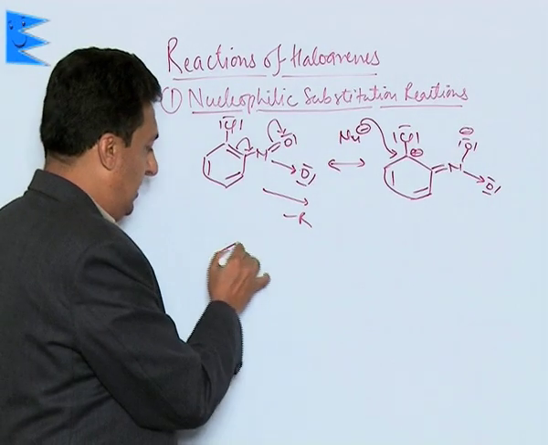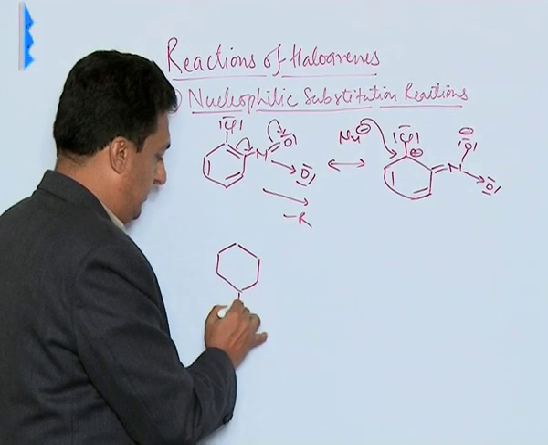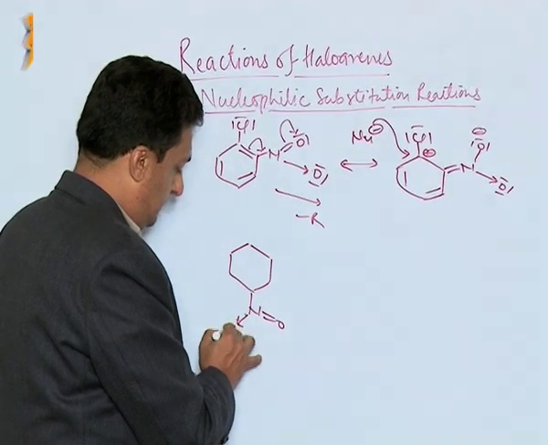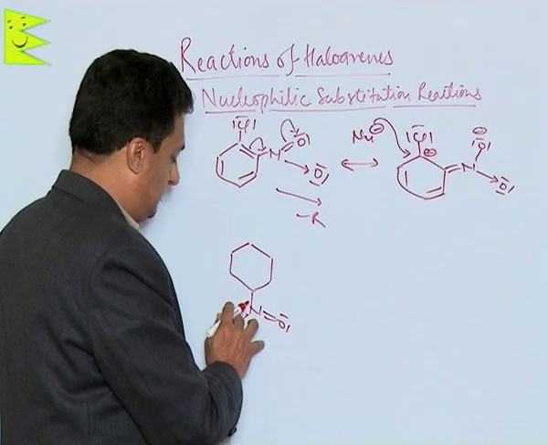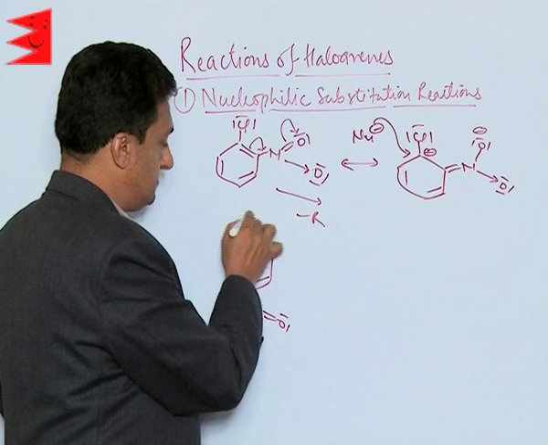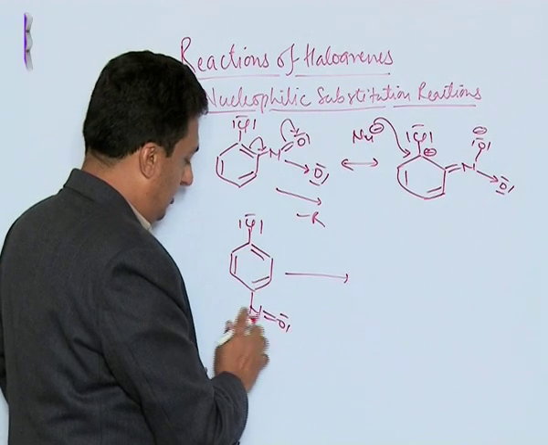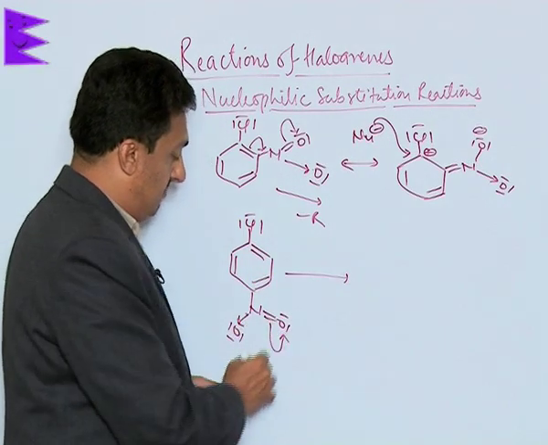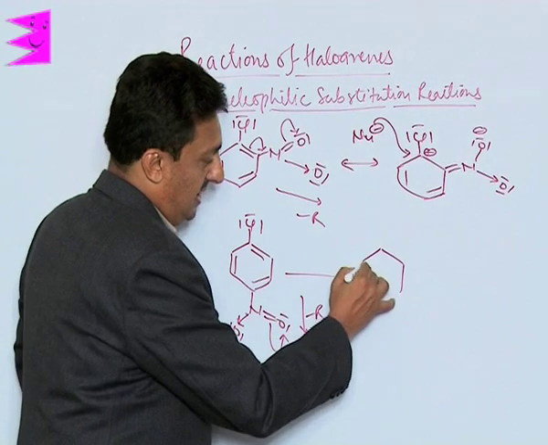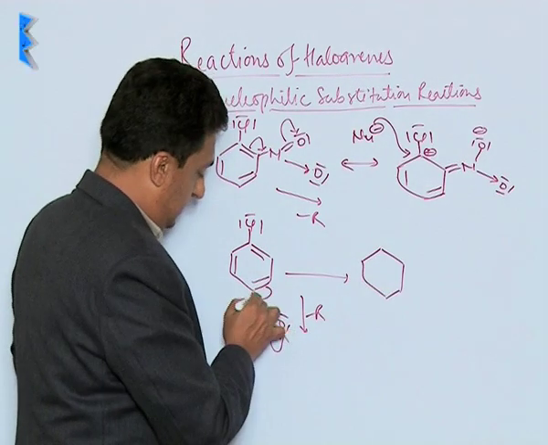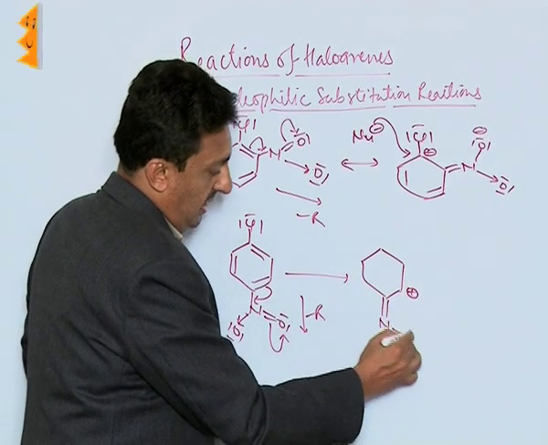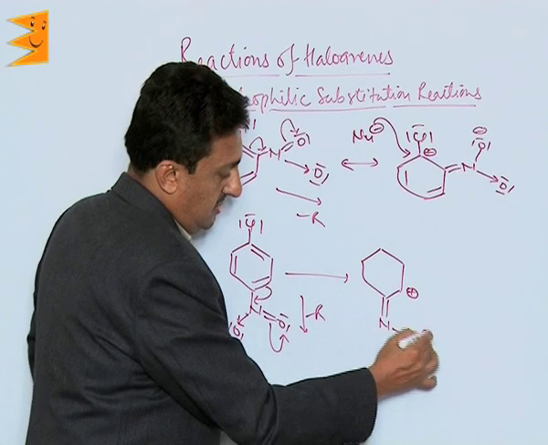Now let us see if the electron withdrawing group is at para position, how it is going to help the nucleophilic substitution reactions. Let us see this one. See, this nitro group as usual will be showing minus R effect. Now due to this minus R effect, we will have a positive charge here, N, negative charge.